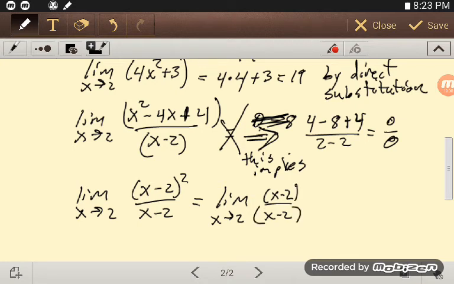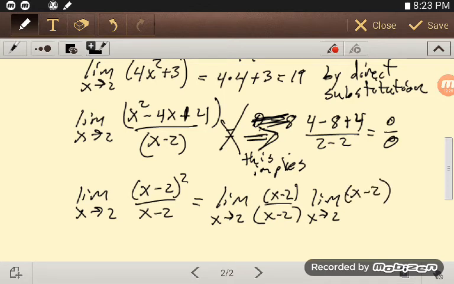So I'm taking one of the top x minus 2's and putting it with the bottom one, and then times, using our multiplication property, the limit as x goes to 2 of x minus 2, like that.